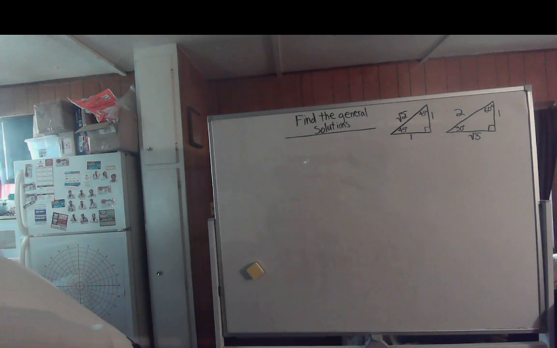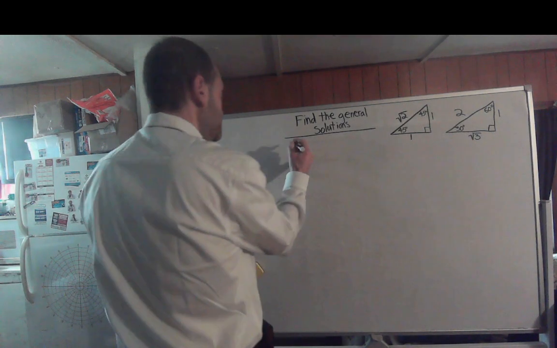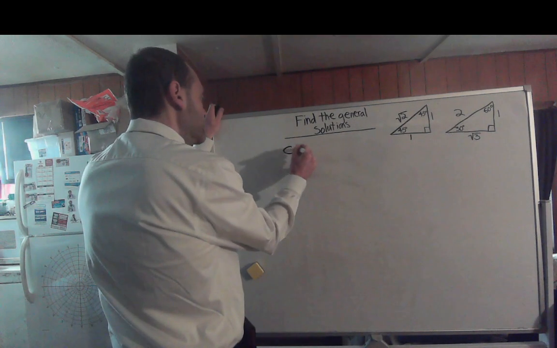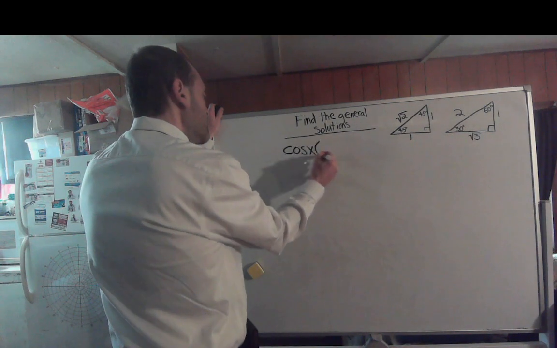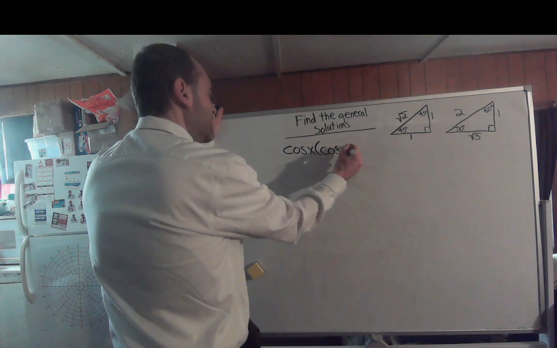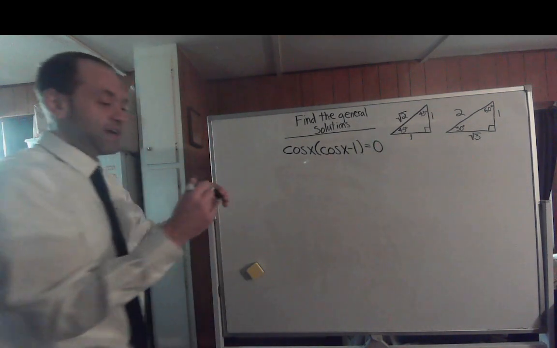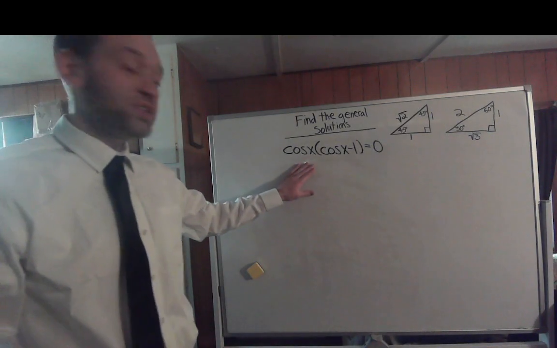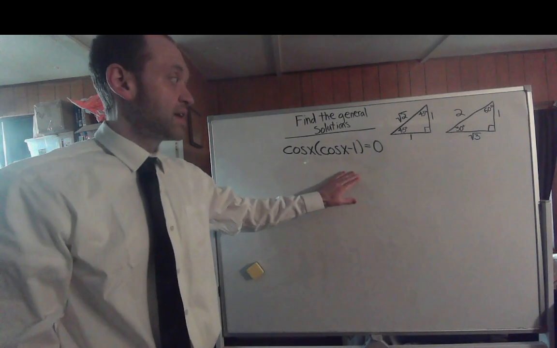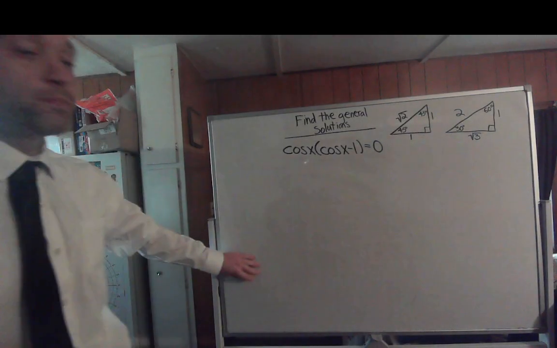So let's start out with one that's sort of quadratic, but we're going to do it already in factored form. So you have a factored trig function. You have the cosine of x times the cosine of x minus 1 equals 0.